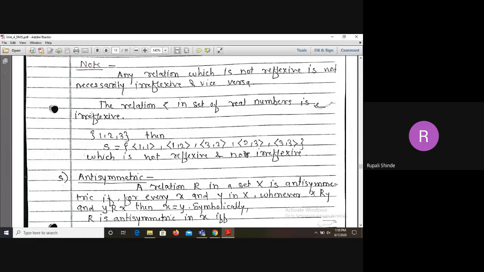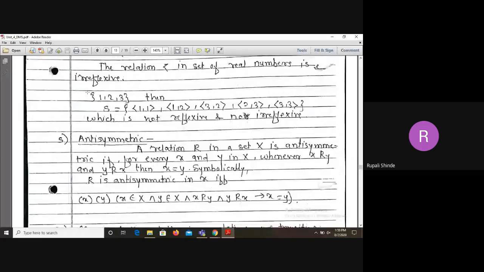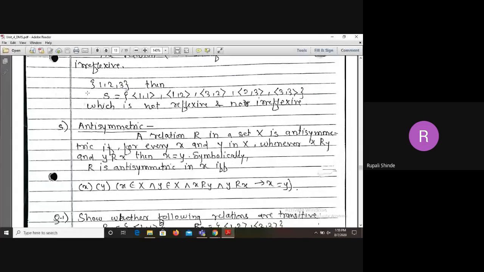Because these properties are very important. Based on these only, we have to solve further examples, examples based on these properties. So before that, give me presenting.